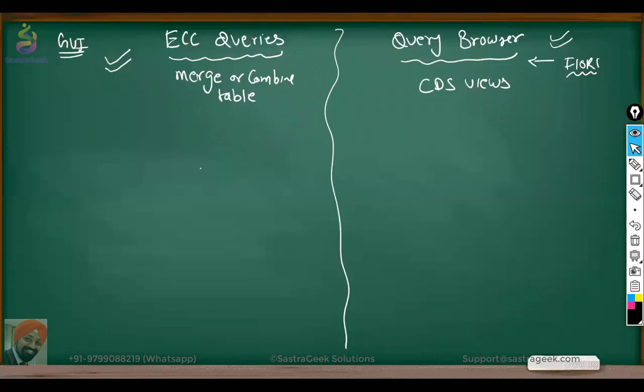Now the question comes of what are the differences between the ECC query and the query browser. The first difference is the technical difference. When you are combining tables in ECC queries, the processing of combining the tables is happening in your application layer. Here we'll be using a CDS view.